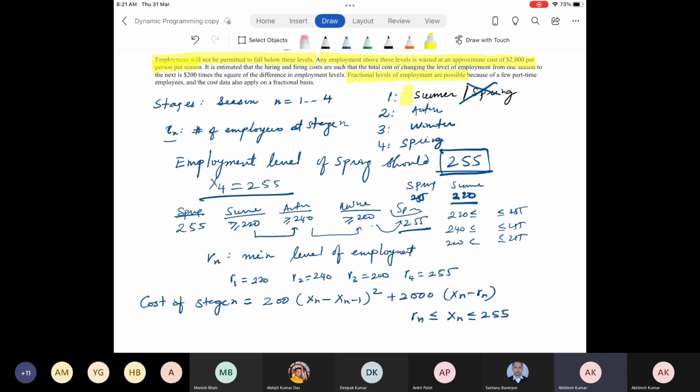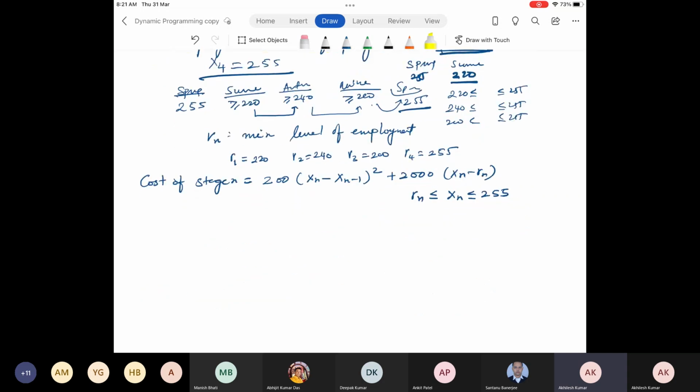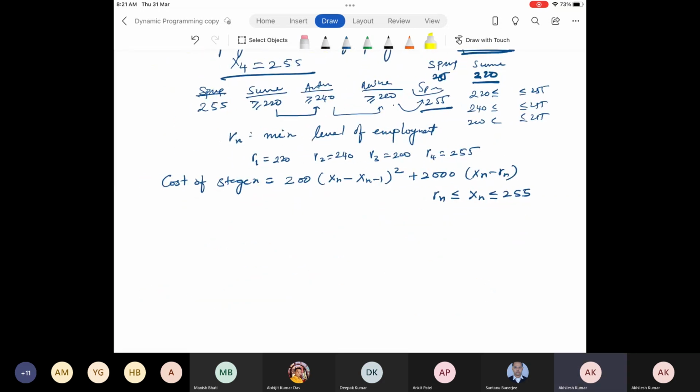Because we have fractional levels of employees, from Rn to 255, every point on the axis is actually a state. So this is a kind of problem where we have infinite states, but generally for numbers we say that it is countably infinite, that we can count somehow. So let's try to understand our states. Although it is infinite, we need to understand what it is, right?